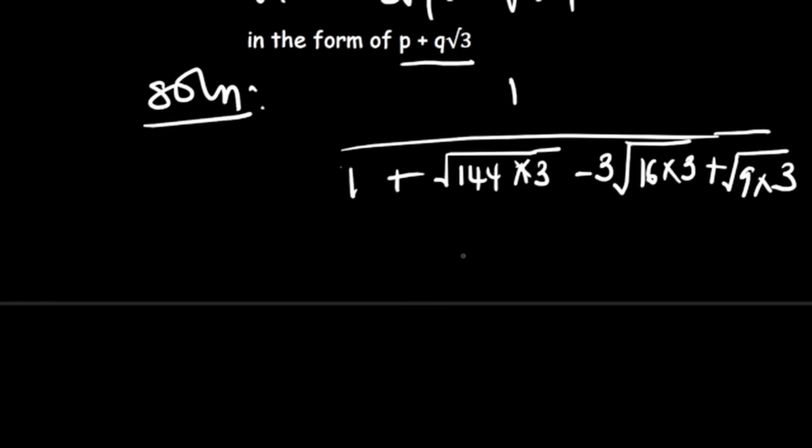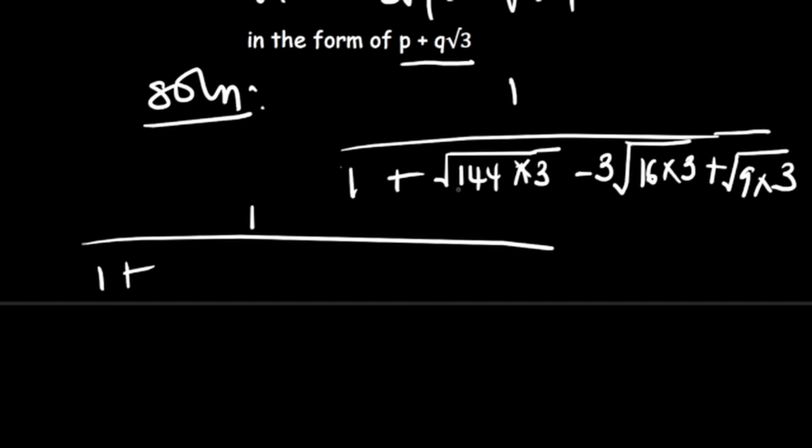Now, let's proceed. Here we have 1 over 1 plus, now 144, we can split them apart this way: root 144 times the square root of 3. Remember that they are all in the same square root, so you can split them apart and they will now carry separate roots.